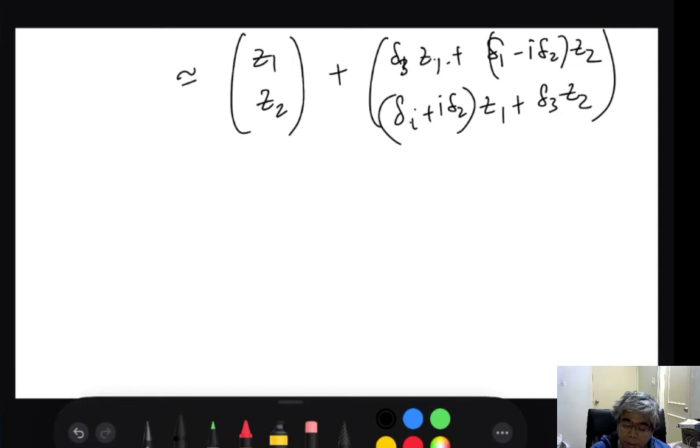On the other hand, with delta 3, when delta 1 and delta 2 are 0, it is just a modification that adds a minus sign. It's a unitary transformation, but with a minus sign for the second component.